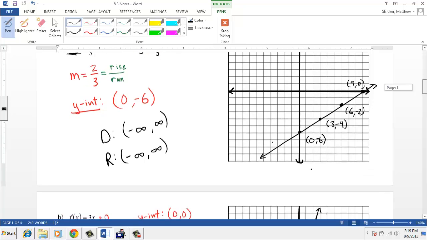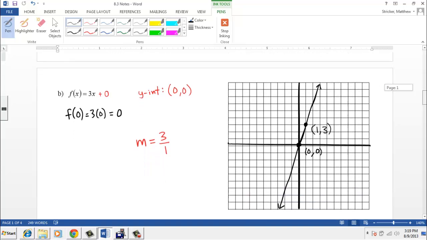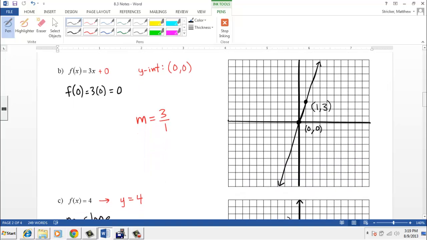Covers all the x's and covers all the y's. Now let's go to the second example. Again, this graph, example B, keeps going up and down, it keeps going right and left. So the domain is -infinity to infinity, and the range is -infinity to infinity.